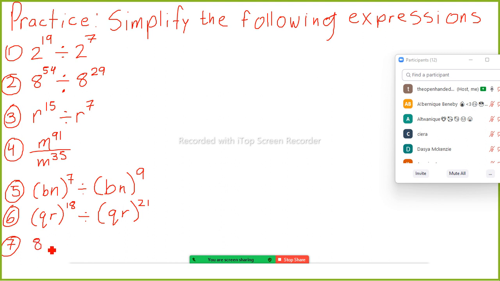And then finally, what if we have 8 r squared q to the 5th power divided by 8 r squared q to the power of negative 12.